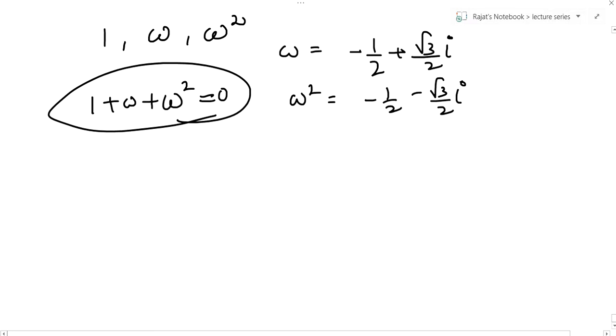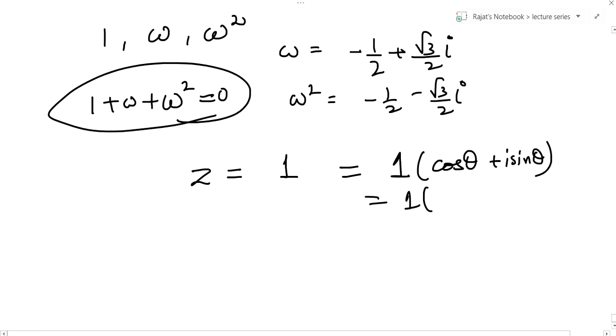Okay, now we solved this question using the simple cubic expansion method. Now we'll use de Moivre's theorem. So z is equal to 1. I want to write it in polar form, so the magnitude is 1 and cos theta plus i sin theta.